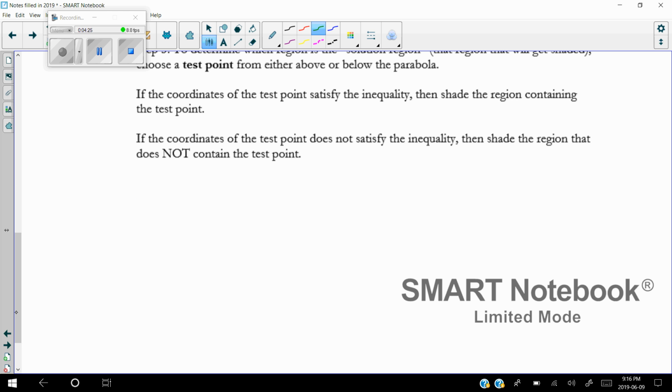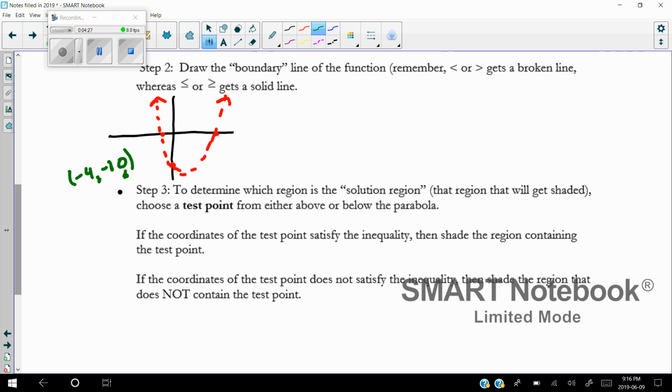You sub that point into your equation. My equation was y, which in this case is -10, is less than x squared, -4 squared, minus 2 times x, minus 3.